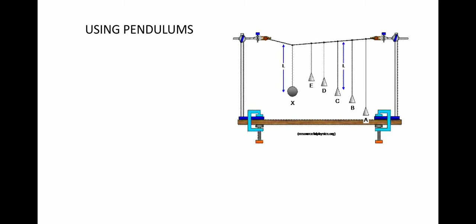Next, using pendulums. Let's say there are pendulums suspended over a rubber string. Here, looking at the pendulums, pendulum X and pendulum C have the same length, whereas pendulums A, B, D and E are of different lengths.